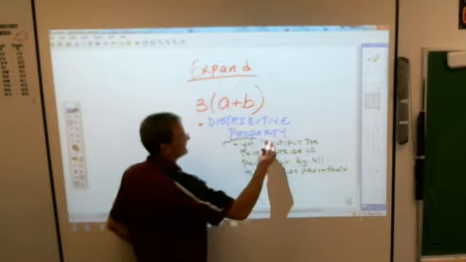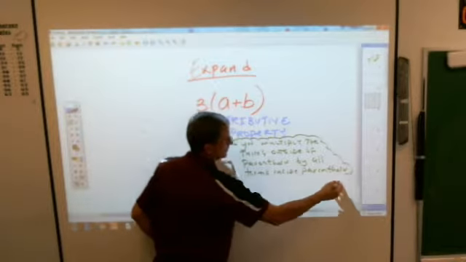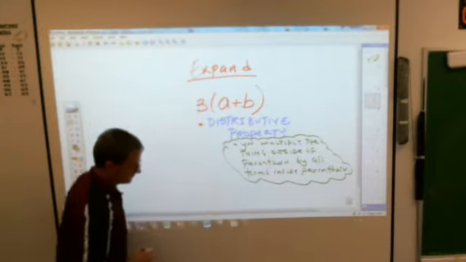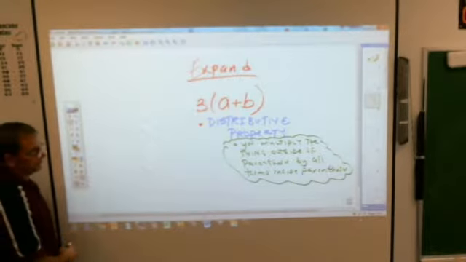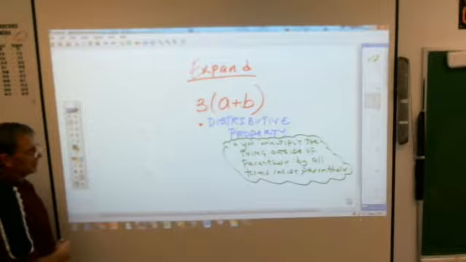Which will not make much sense to you until we actually do it. Again, remember, the book calls this expanding. It is the distributive property. I'm not sure why they use that jargon.